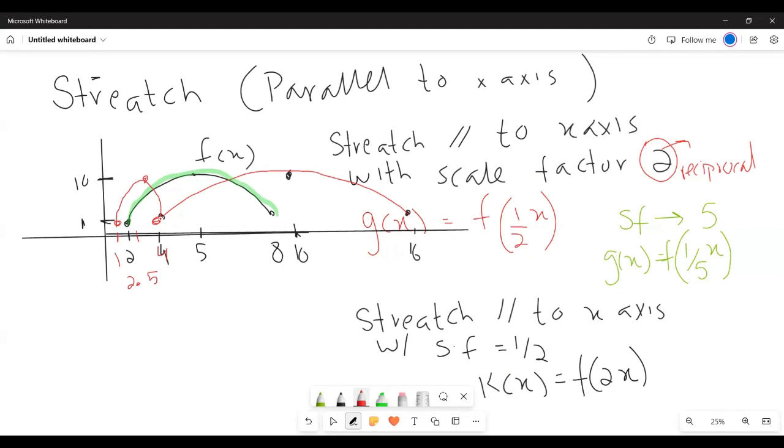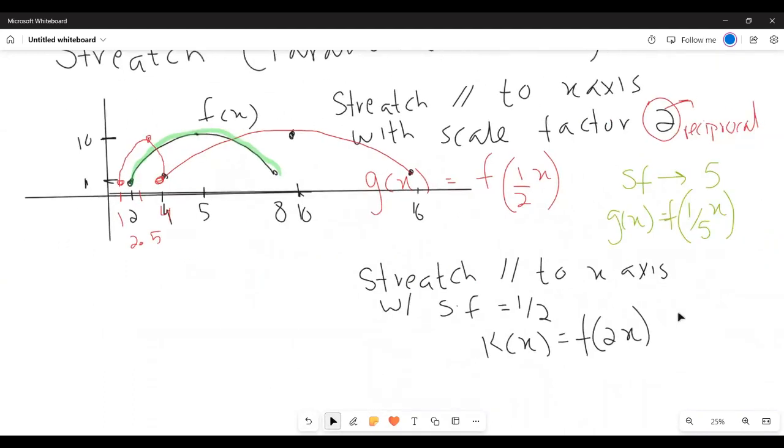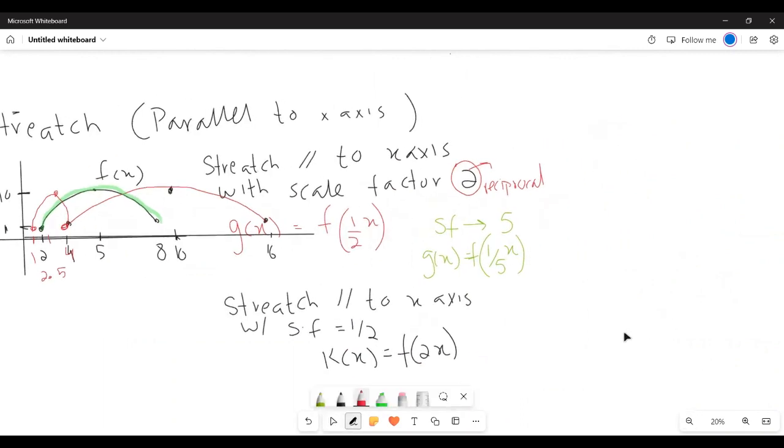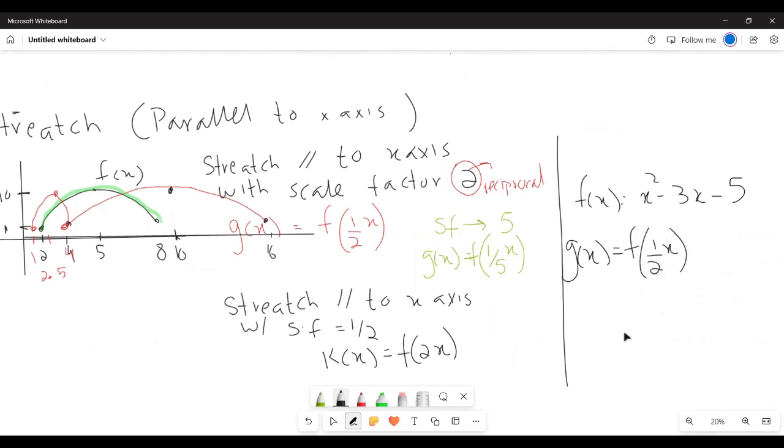I think I've discussed all the stretches with you. So now let's just quickly take a look at an example. Let's say f(x) is originally x squared minus 3x minus 5, then what will be g(x)? g(x) is the stretch parallel to the x-axis with scale factor 2. So now what you do, you change the values of x to half x.